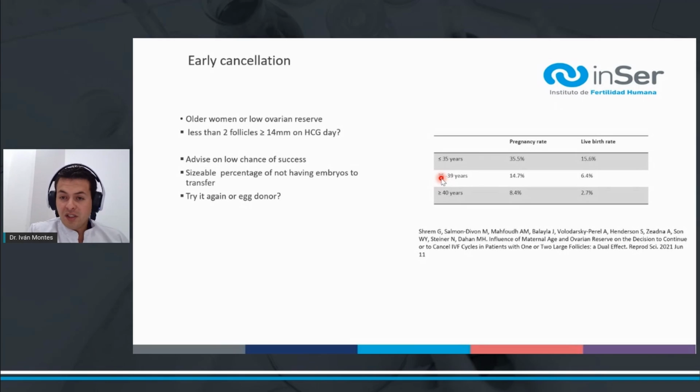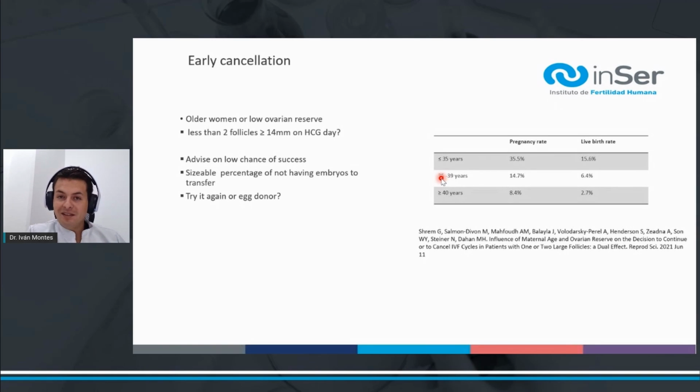So as you can see in this result, you have to talk with your patient, because in the next cycle you might have the same response. It's not that, okay, you did this cycle treatment, and the response was not good, but in the next one you'll have a better response. It doesn't happen often. So you might have a similar or even a lower response.